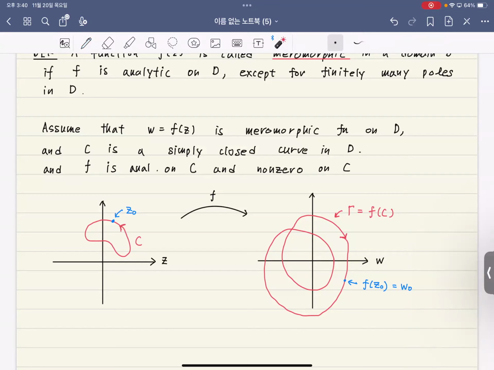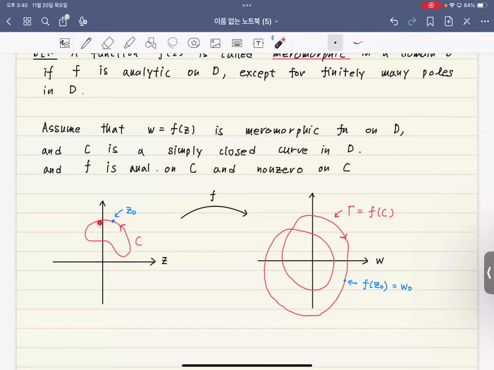Respecting the orientation of your original curve C, I will travel along the curve C in this direction, according to the orientation.